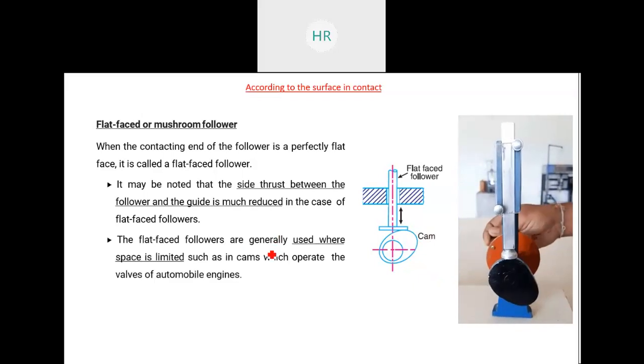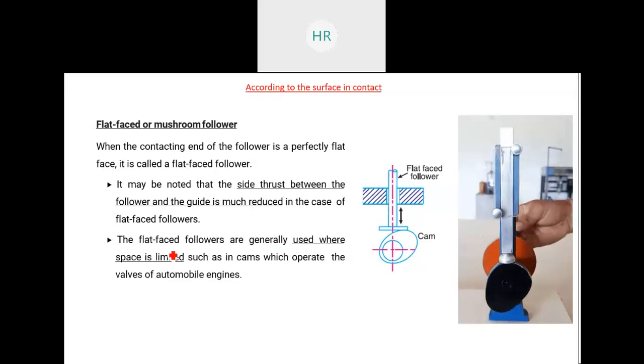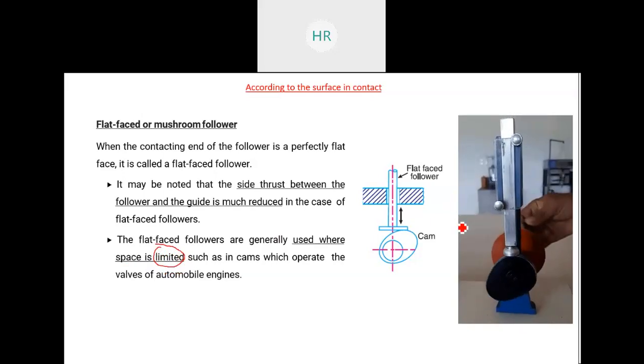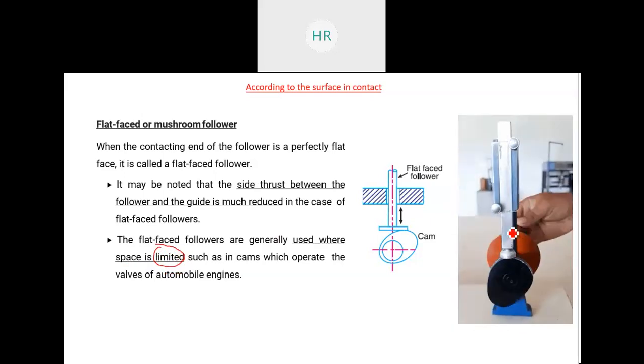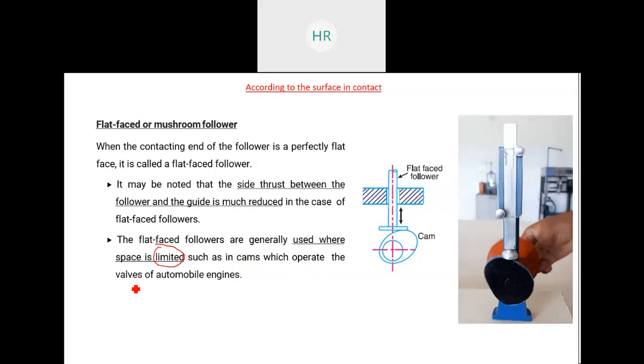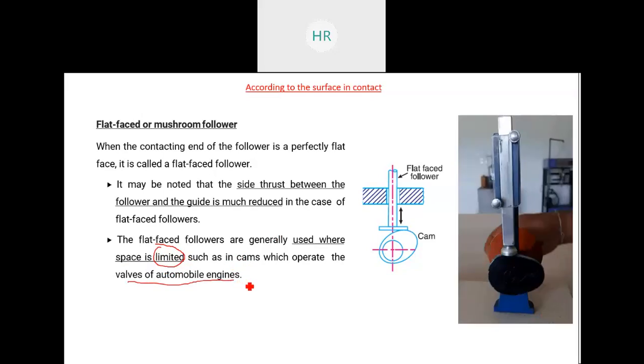The flat face followers are generally used where space is limited. When we have less space, at that time we are required to use this flat face follower, such as in cams which operate the valve of an automobile engine.